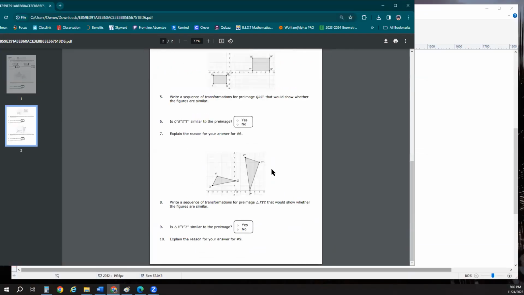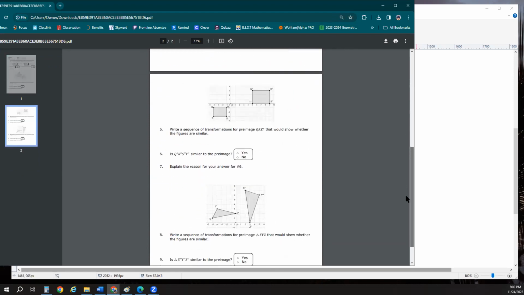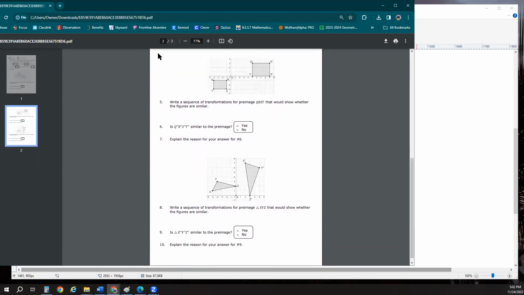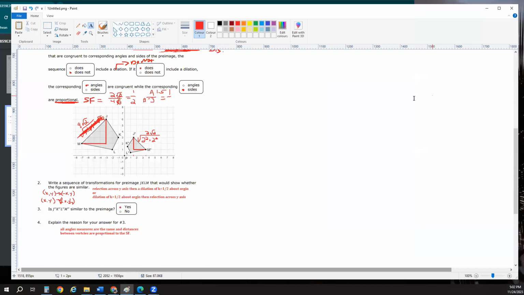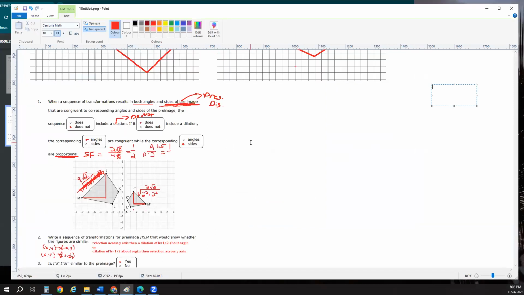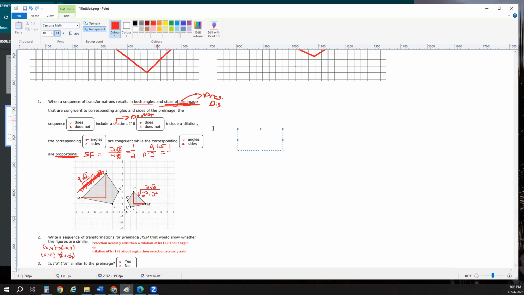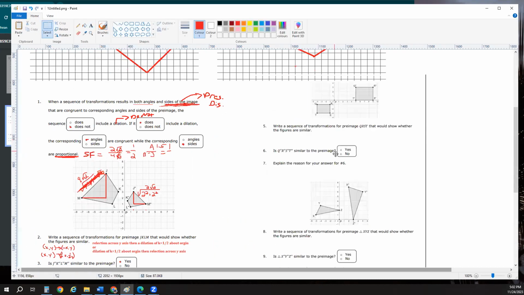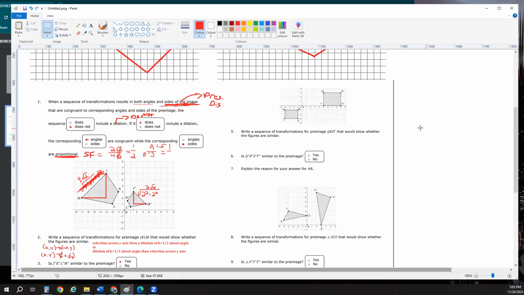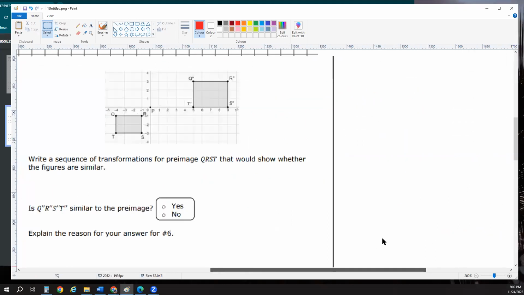I'll do both of them. Write a sequence of transformations for these.